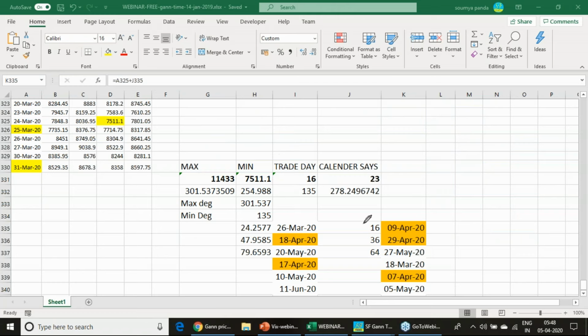Again I repeat, 9th of April there is a trend change date. On 8th of April, if you are seeing that Nifty is having a positive closing, previously I told negative closing, now positive closing, then you expect on 9th there will be a negative opening or negative closing.